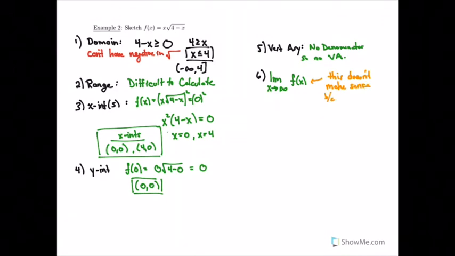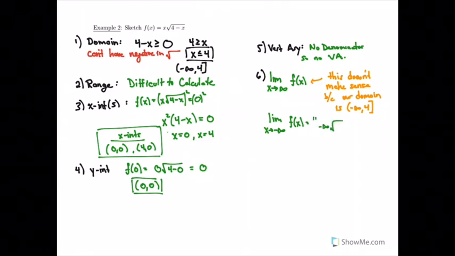Because our domain is negative infinity to 4, so we can't let x get bigger. Let's look at the other end behavior, that one we can work with. Here we can try to plug in negative infinity.